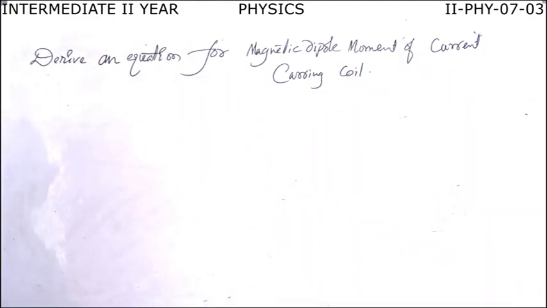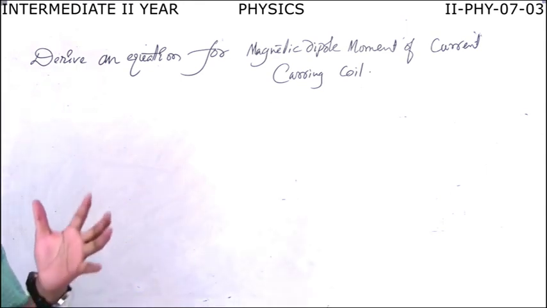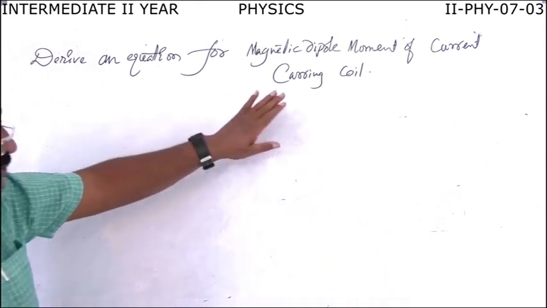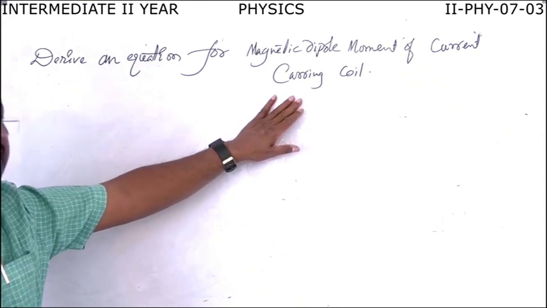So what is magnetic dipole moment? It explains the strength of the magnetic field produced by the current carrying coil.